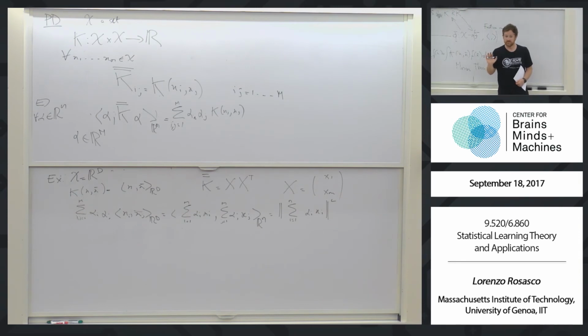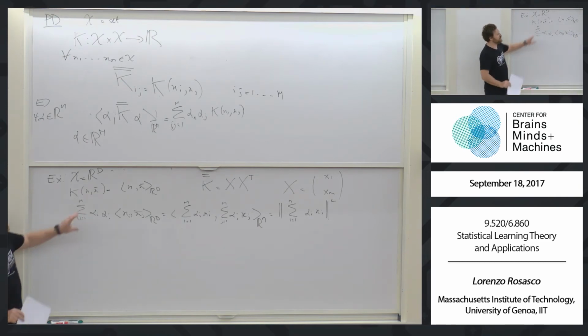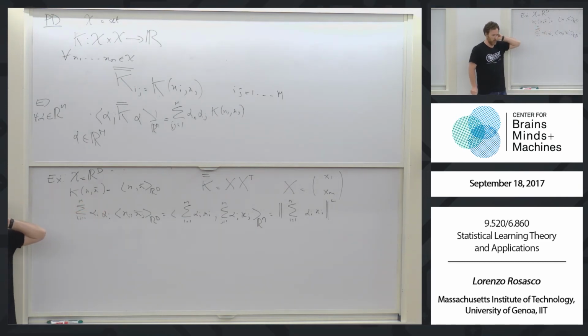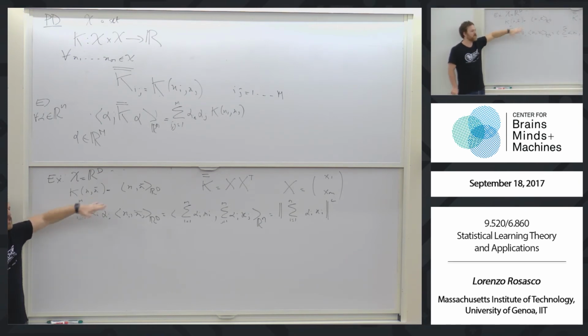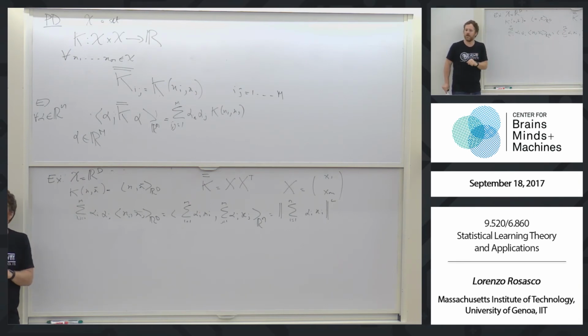Simple enough? Turns out that this is pretty interesting because, first of all, it gives a first example of a class of functions that we know how to check whether they're positive definite or not, okay? Whenever you have something that looks like an inner product, it's positive definite. You could check, for example, if you take the inner product given by a set of linearly independent atoms, you get the same proof.